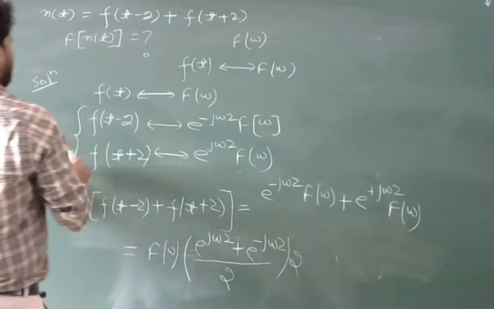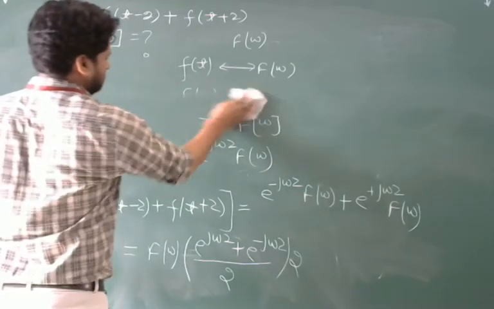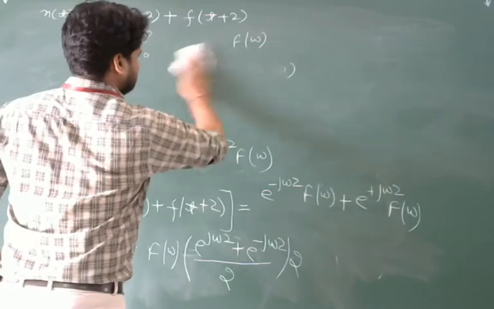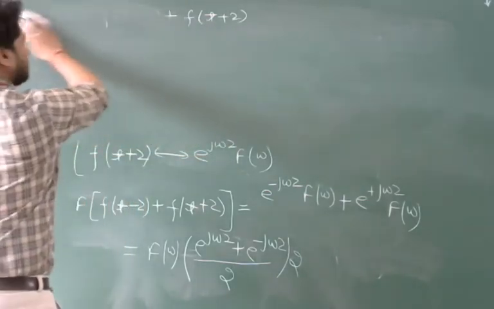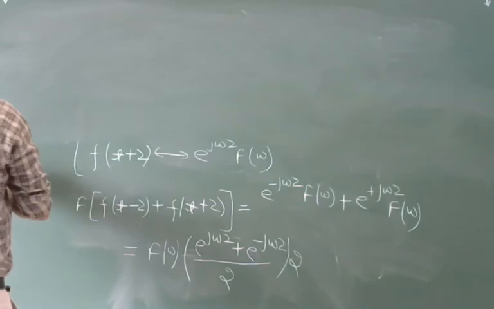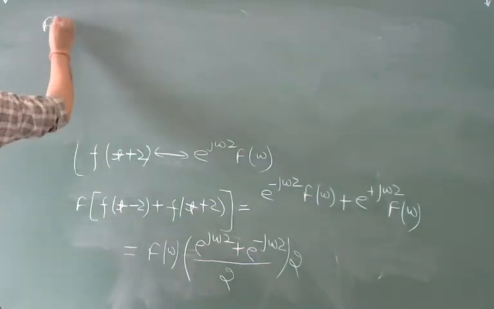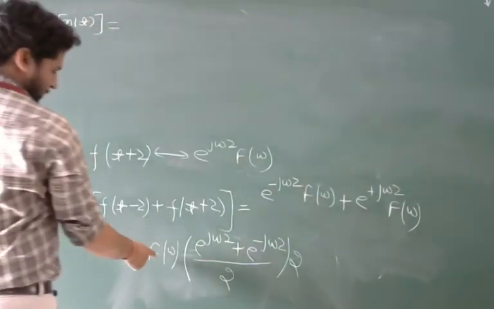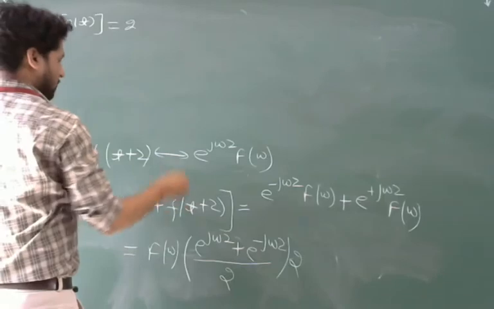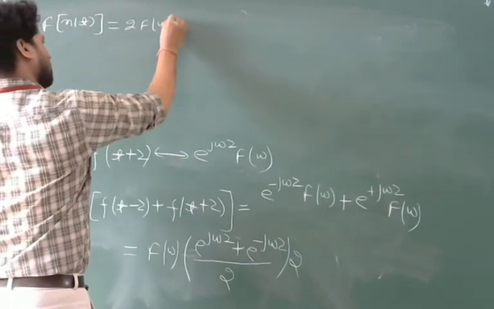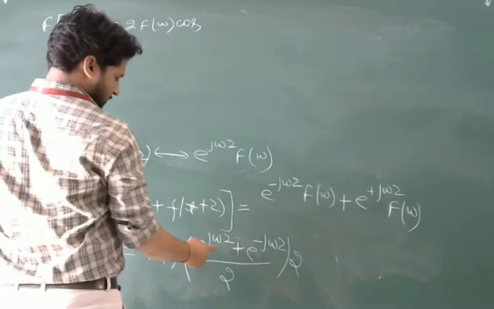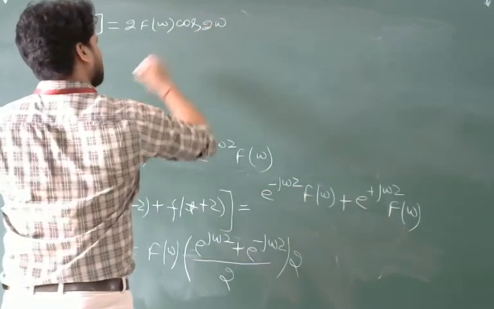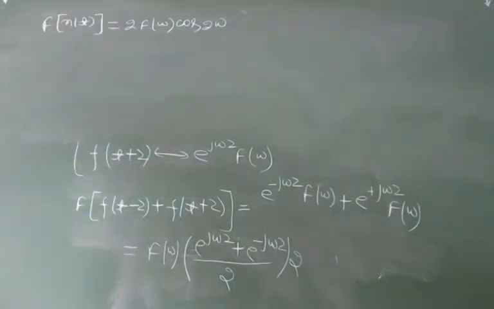Then the Fourier transform of x(t) will be equal to 2 times F of omega into cos of 2 omega. This is how we can apply the time shifting property to get the Fourier transform of a given function.